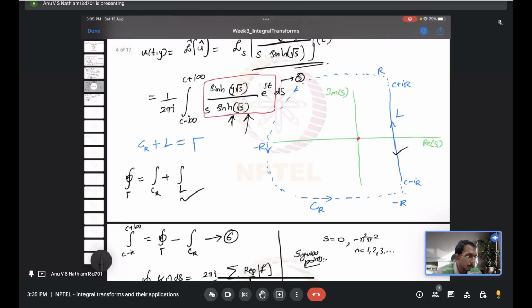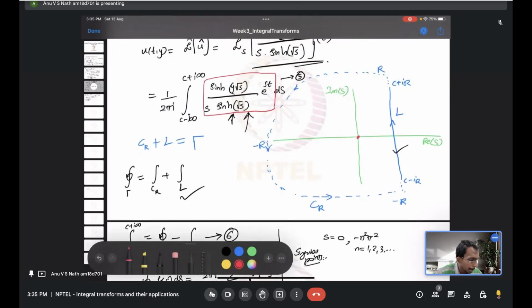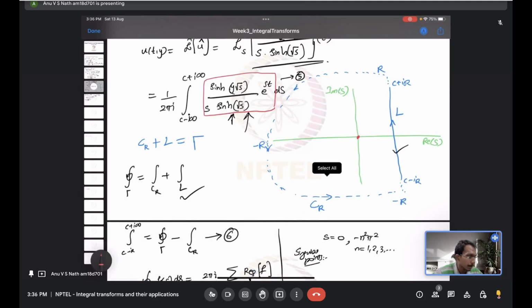If I plot them, discrete but infinitely many. s equal to 0 is there, then s equal to minus pi squared, then minus 4 pi squared, minus 9 pi squared, like that infinitely many. I am not plotting every one of them, but these are all on the negative real axis. They are discrete singular points.